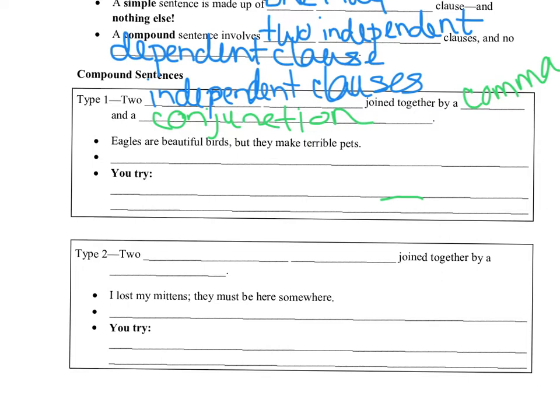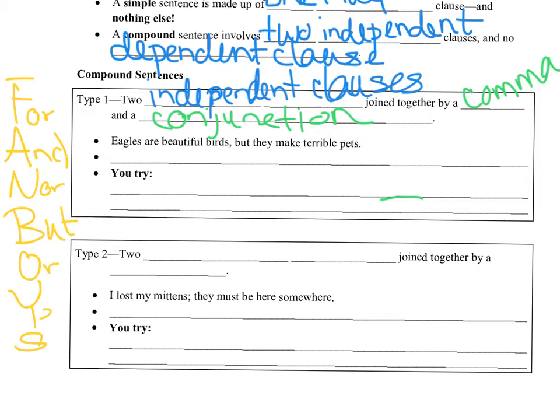And FANBOYS was the acronym to remember the following conjunctions: for, and, nor, but, or, yet, so. If you can remember FANBOYS, you can remember the most common conjunctions.